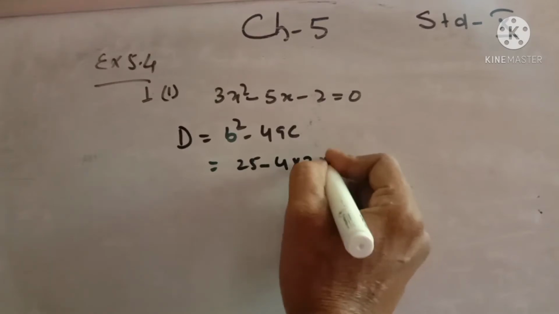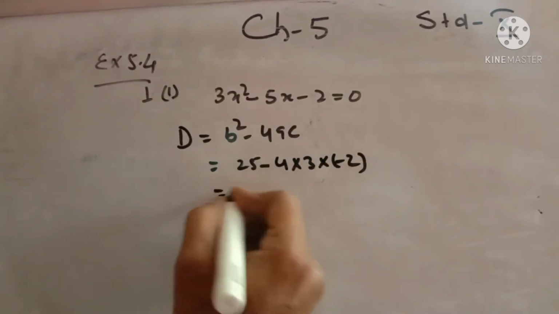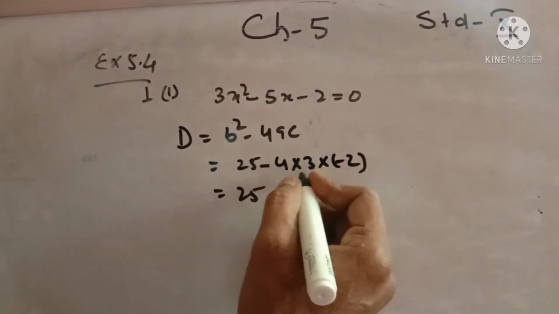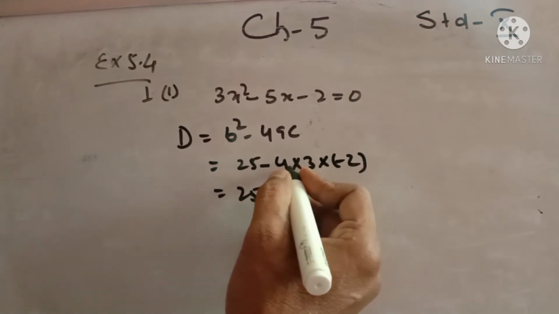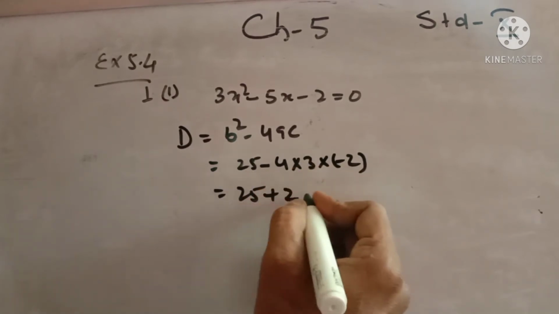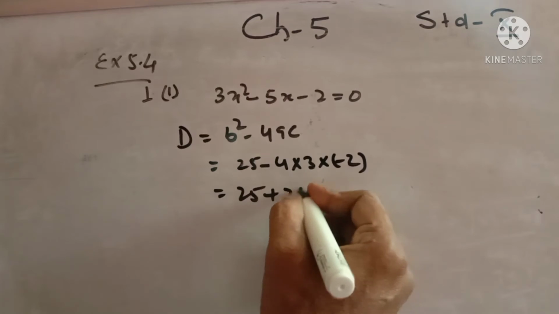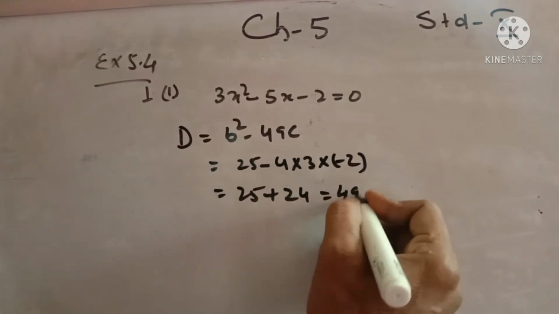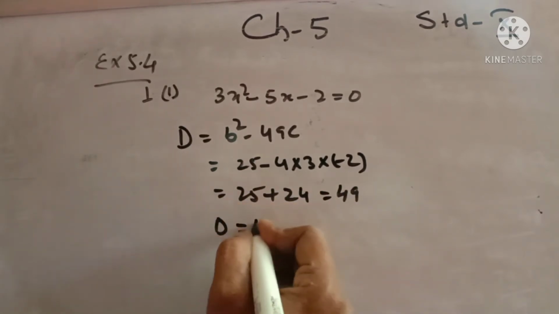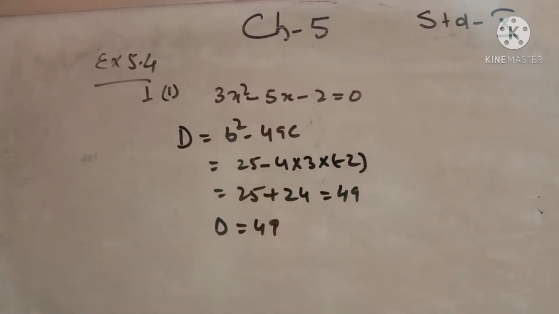So 25 and this will come plus 24. This is 49. So D is equal to 49, means D is greater than 0.